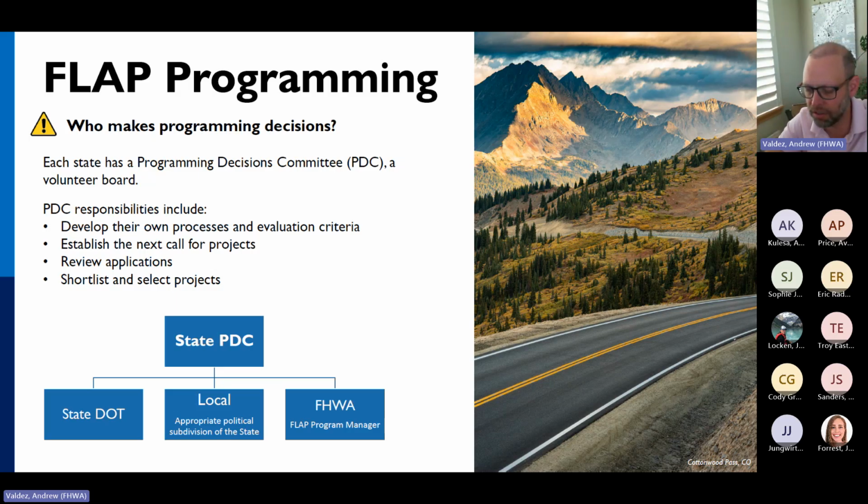Just because the FLAP program's money is going towards non-federally owned assets, we give the asset owners kind of final say. But feedback from the TAGs is hugely important. So, just to note here that the FLMAs do play a crucial role in deliberations and programming decisions.